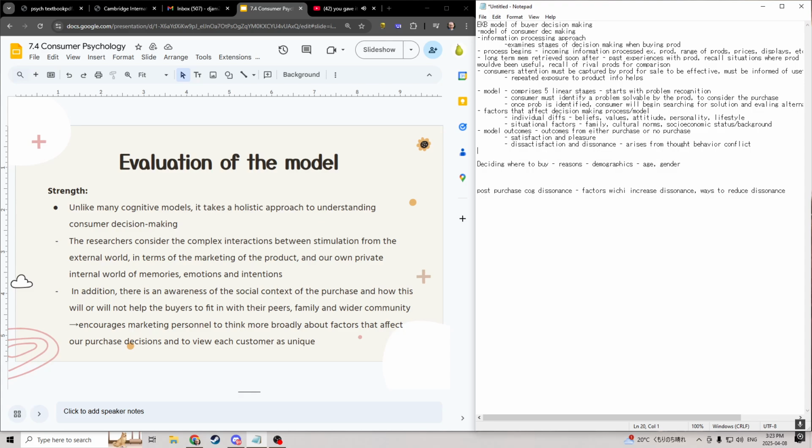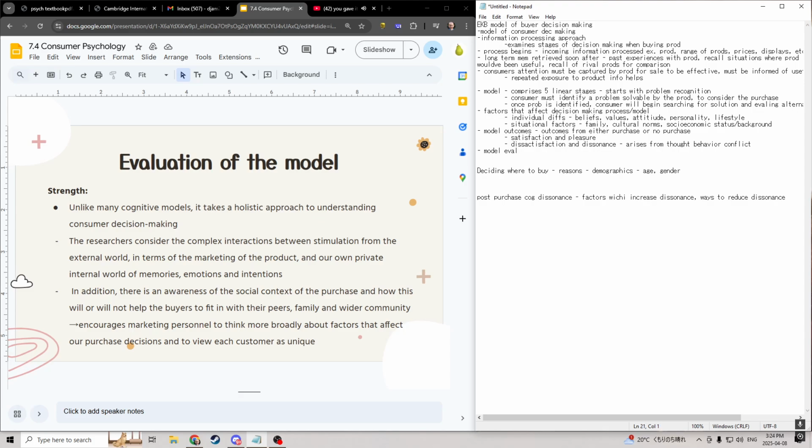Evaluation of the model. Jesus Christ, it goes on forever, huh? Model evaluation. Holistic approach.